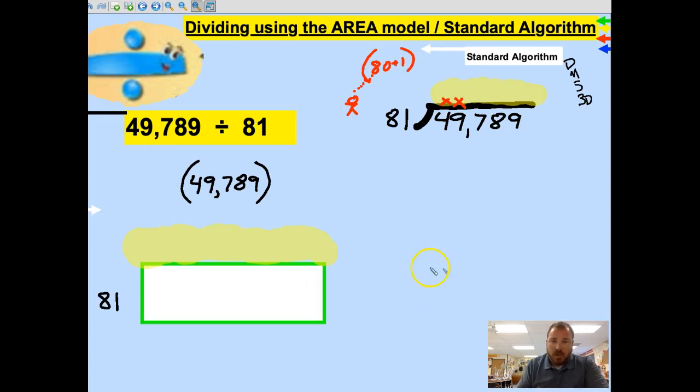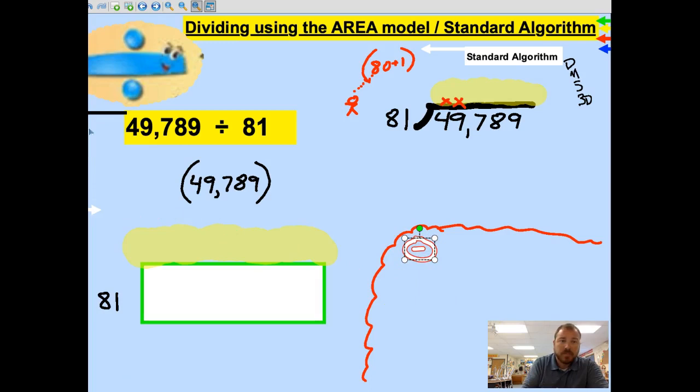We also need one more thing down here for our area model, a little subtraction section. Call it our subtraction bubble. We're going to have a running subtraction record of our differences to figure out the end quotient.